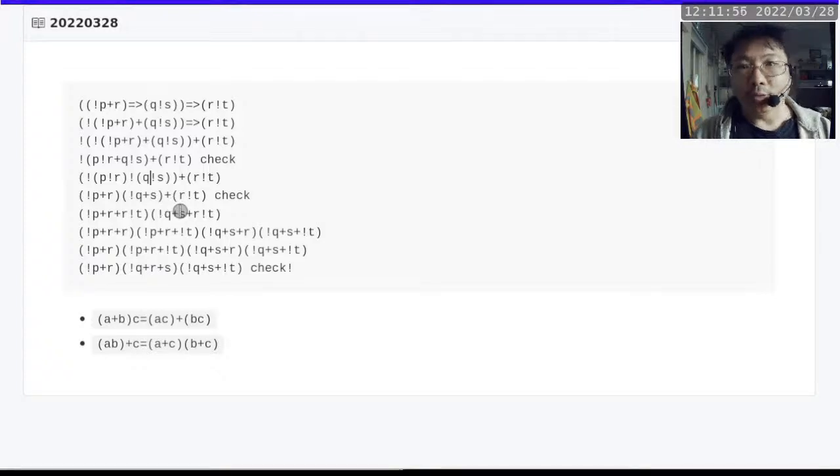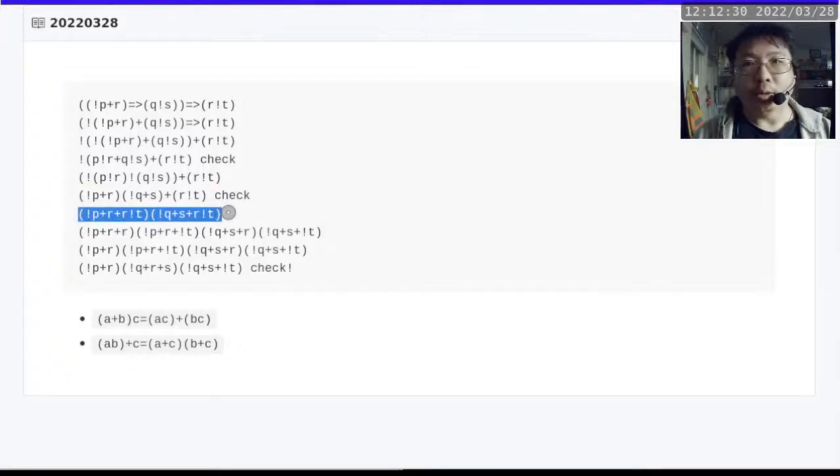Alright, so this is where the distribution stuff gets a little bit weird, because you cannot do that in normal arithmetic. So this distribution is using this pattern here, right? Because if you look at A as not P or R, and you look at B as not Q or S, and you look at C as R and not T, then we can use this distribution, and then we just end up with this line over here.